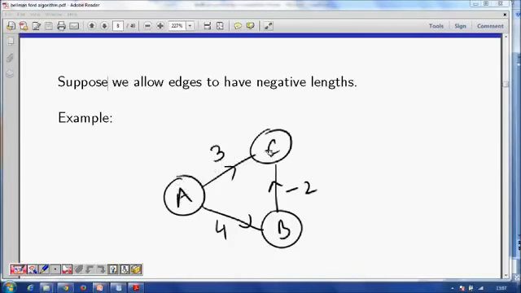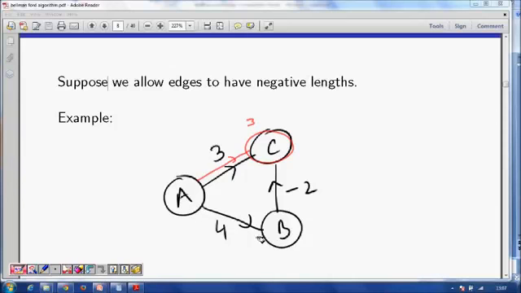A to C is 3, A to B is 4 in this graph, and B to C is minus 2. Just looking at this graph and getting a feel about negative weight edges, what will be the shortest distance from A to C? I can directly reach C, cost is 3.